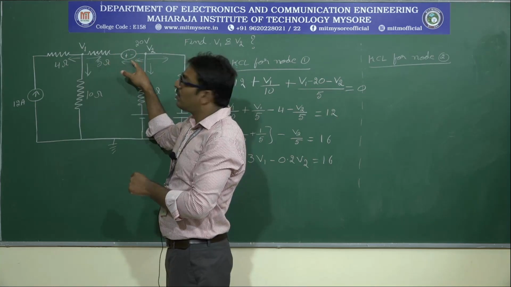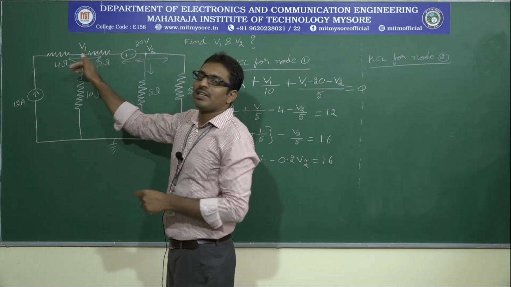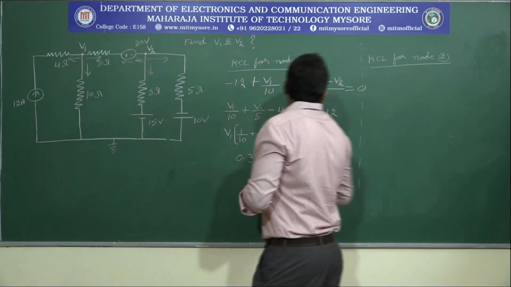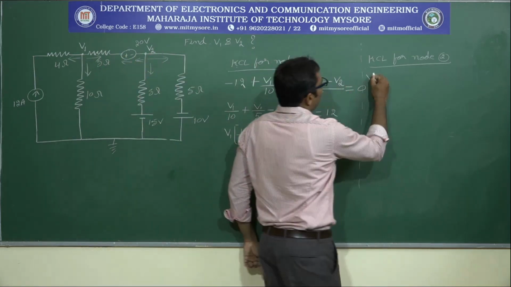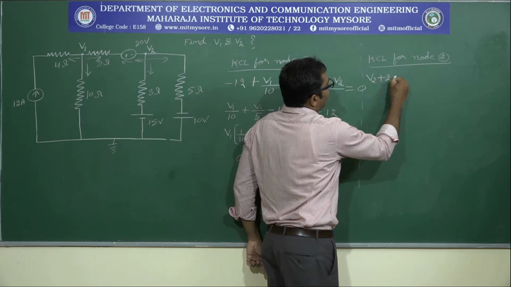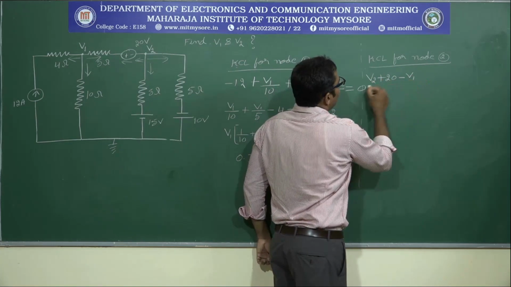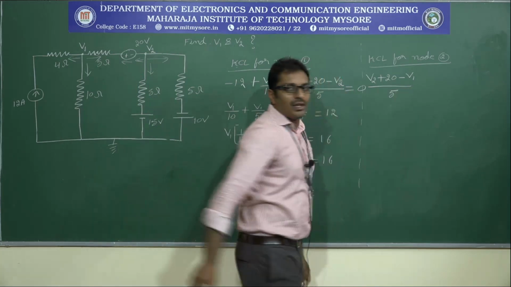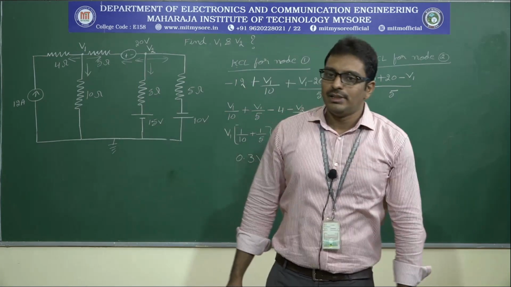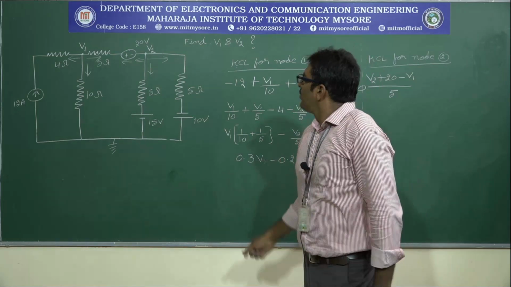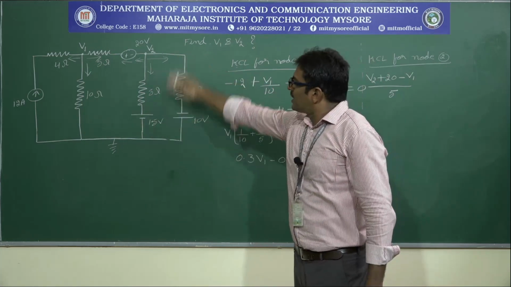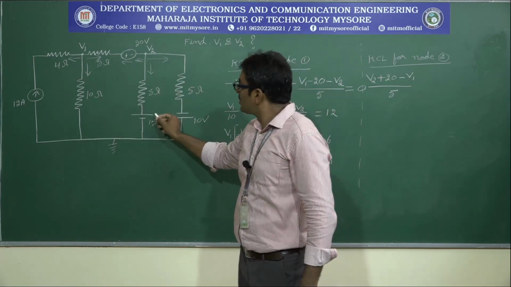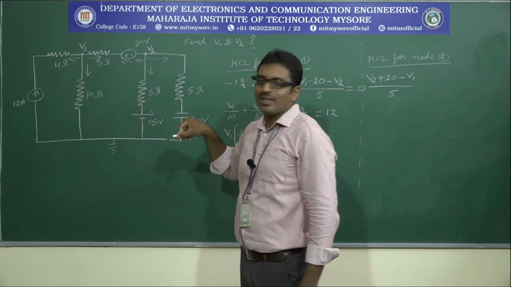That is also supplying the current in the reverse direction only. That's why that is going to add with V2. So V2 plus 20 minus V1 divided by the resistance value 5. Is that clear?